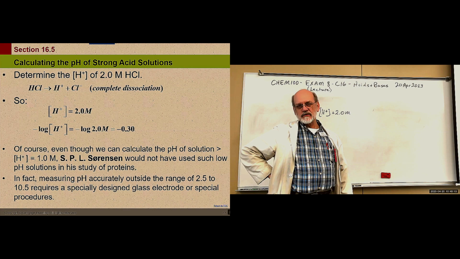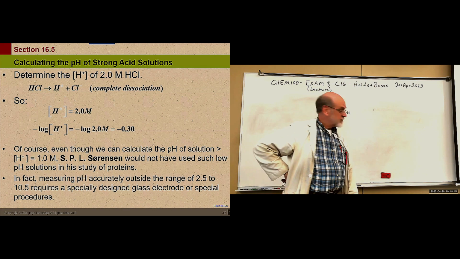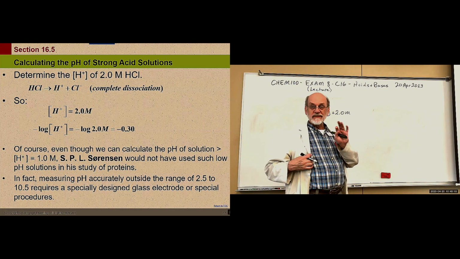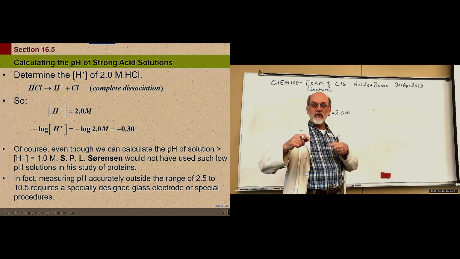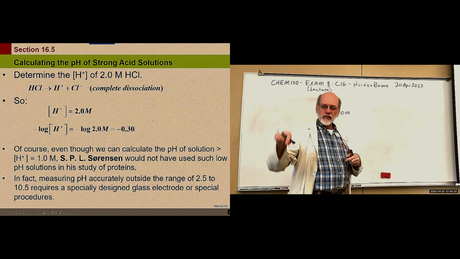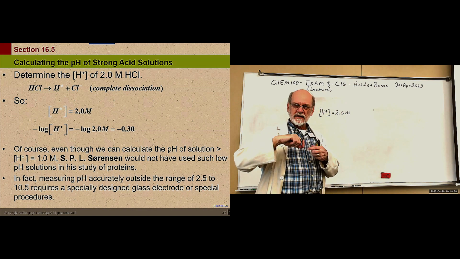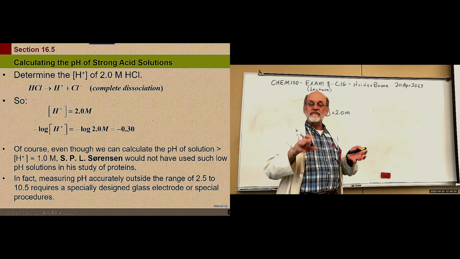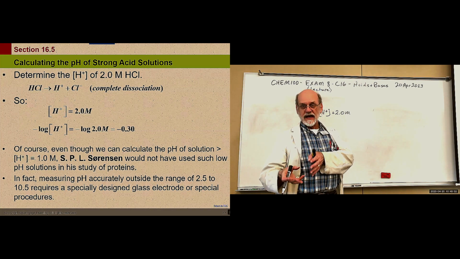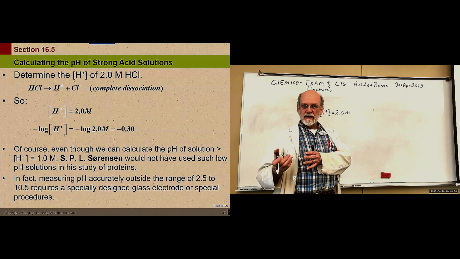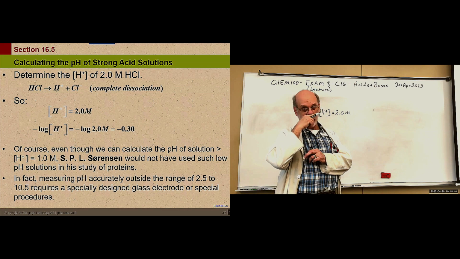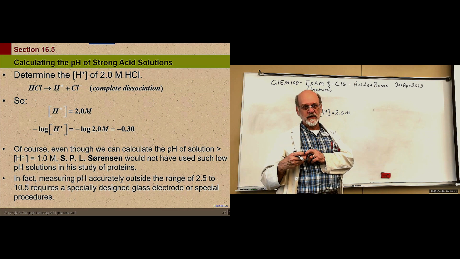In fact, if you try to measure these pHs we're calculating, you can measure them with a special meter. It has a probe that you put in your solution, and the probe generates an electrical signal that is interpreted by the meter as a pH. But those meters don't work very well below 2.5 or greater than 10.5. You need a special electrode for those.